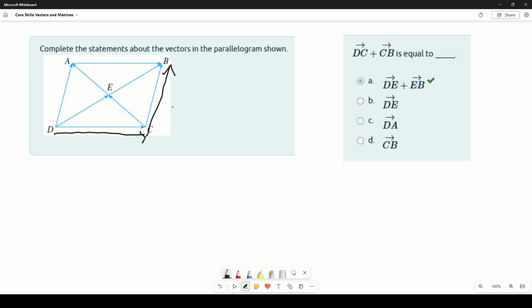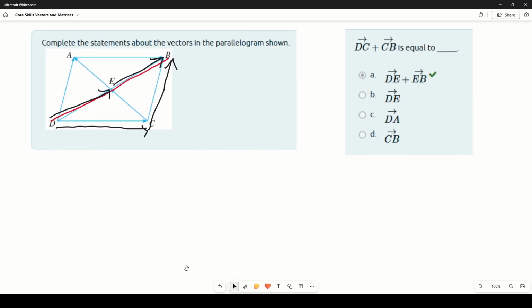Now we're gonna see which line or combination of lines completes this triangle. I know it does sound a bit dumb, but trust me, it does work. In this case, we see that DE plus EB, these two lines, actually complete the triangle. And that is surprisingly again our answer.